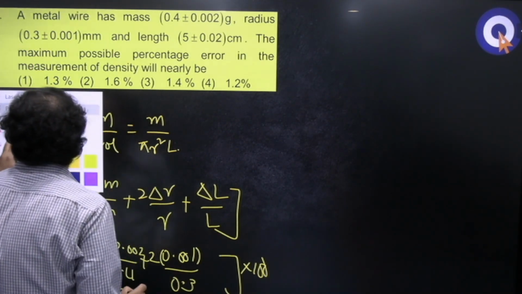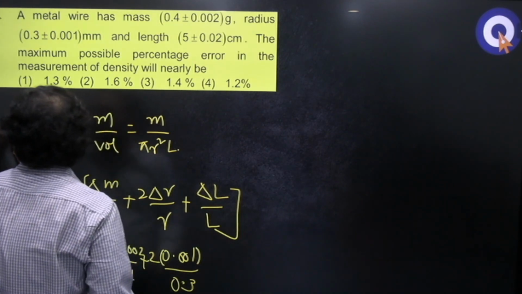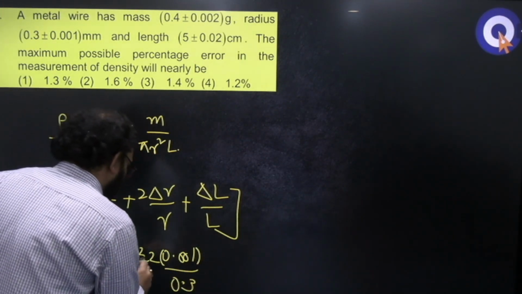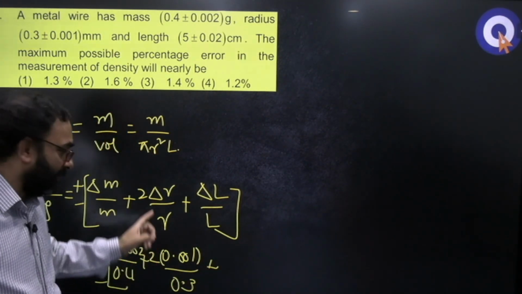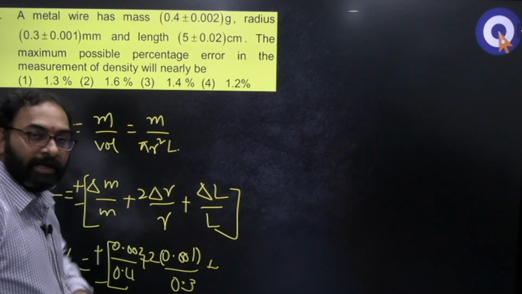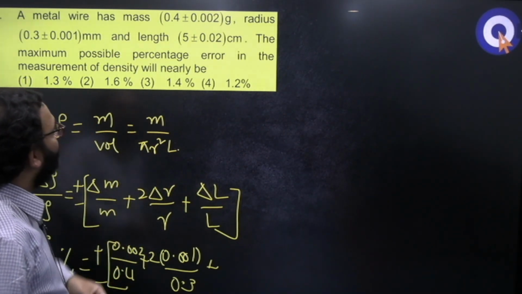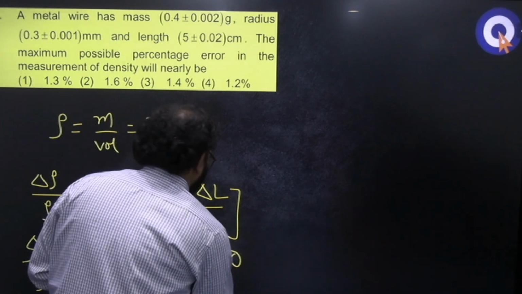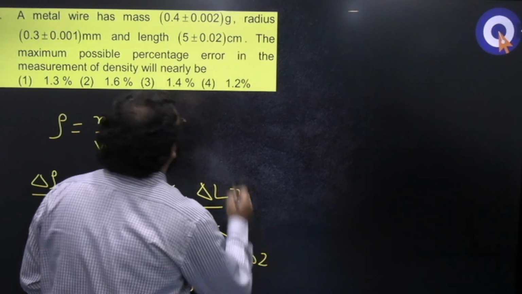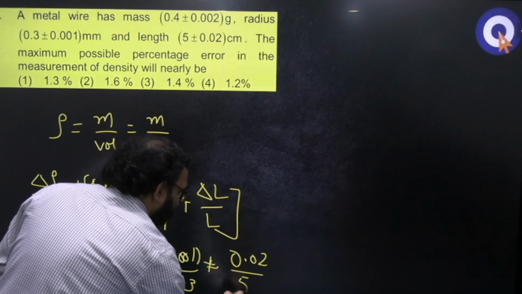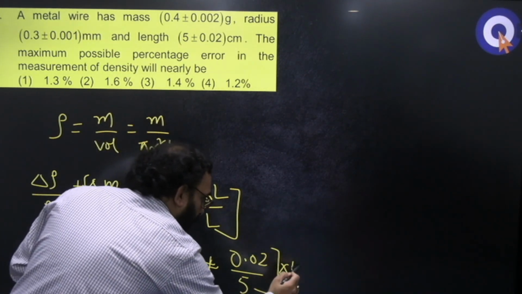Like this, we can substitute each and every value easily. Radius error completed. Next, delta L by L. Length, so length is 0.02 divided by 5. So here you can see, into 100.